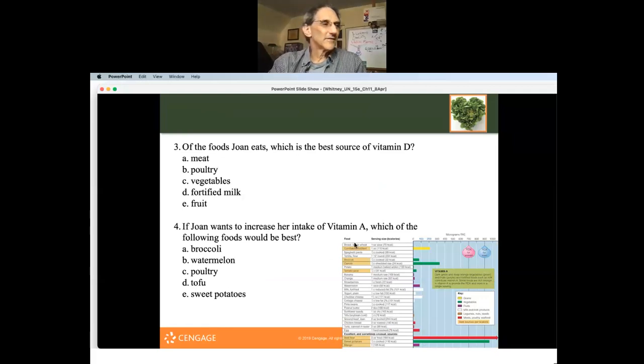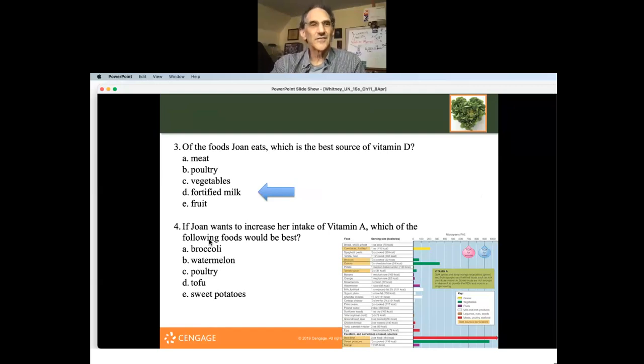Okay, of the food Joan eats, which is the best source of vitamin D? Well, the best source turns out to be that milk that she has before going to bed. Fortified milk. Remember that word fortified. Vitamin D is not originally in milk.